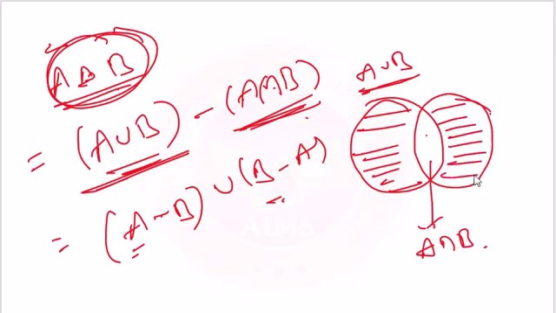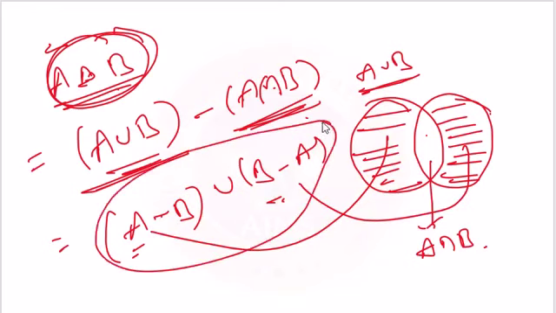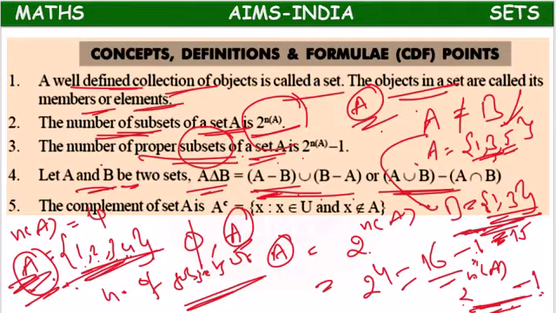This shaded part is only A minus B, and this is only B minus A. The union of both, the left shaded portion and the right shaded portion, excluding the middle part, belongs to A delta B.